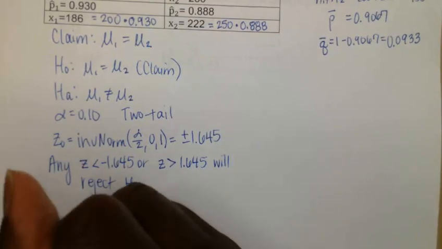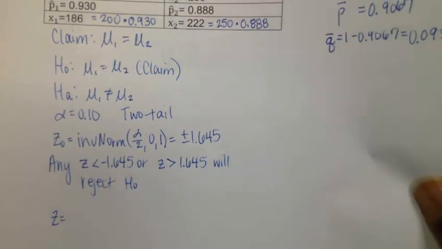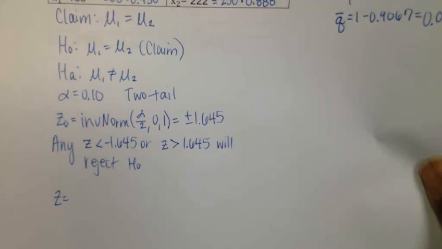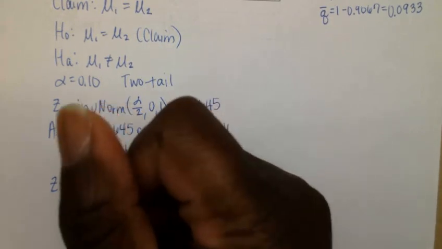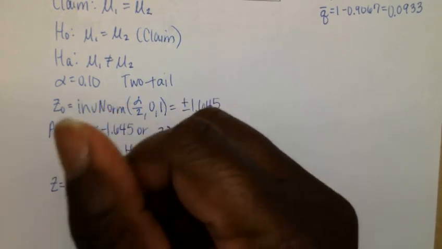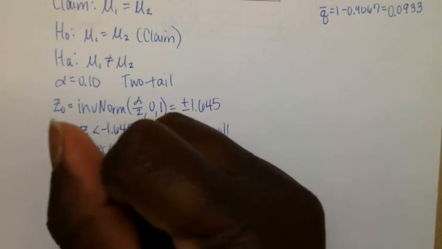Now I'm going to set up the calculation for z, and I'll let you calculate it on your own because I'm going to get the z out of the calculator when I run my test. So this is going to be p hat 1 minus p hat 2.